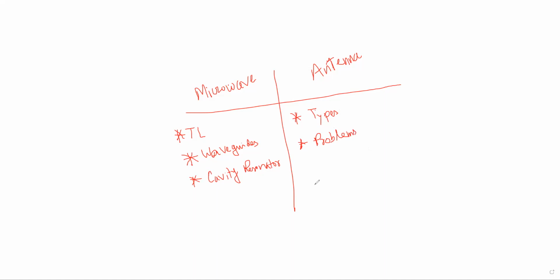So these things we have to discuss in the antenna part. Overall, that is your microwave and antenna engineering syllabus in short. But I'll show you the details, inshallah, in upcoming classes.